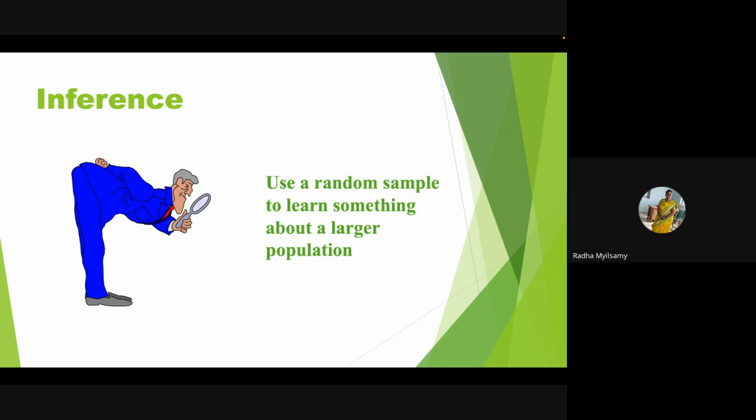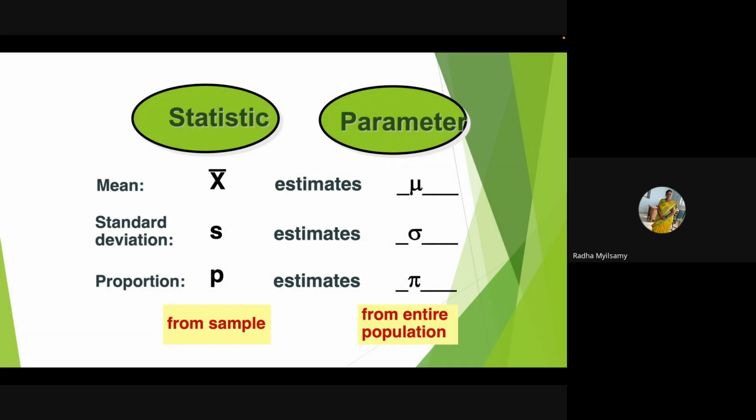It will take more time, more money, and more effort. So we are always interested in doing a sample study. We take a small portion from the population, called the sample. Using that sample, we give the interpretation for the population, which is called inference.